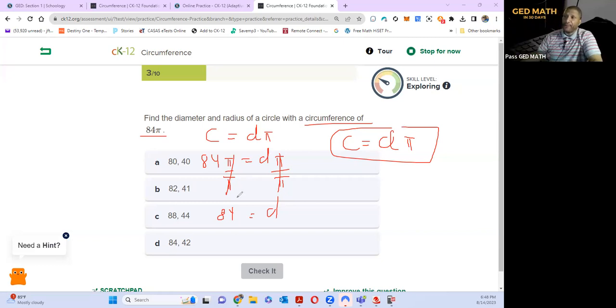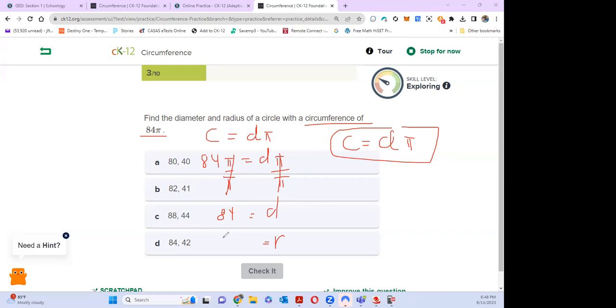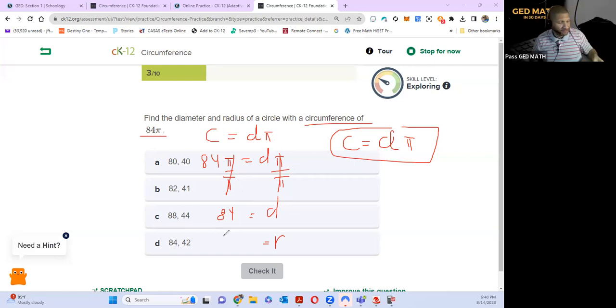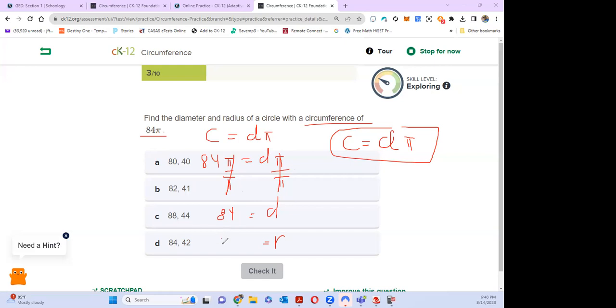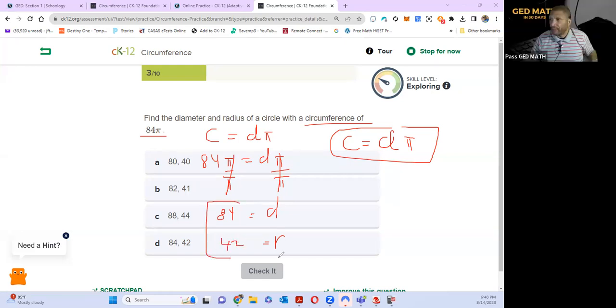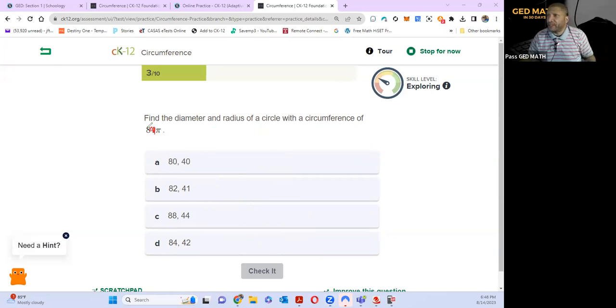If my diameter is 84, what's my radius? It's half of that, which is what? You don't know what half of 84 is? Yes, it's 42. Stop playing. Now, I'm going to make this question a little bit harder. What if the circumference was 51 pi?